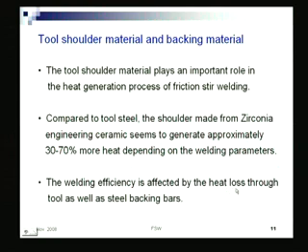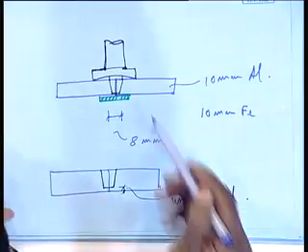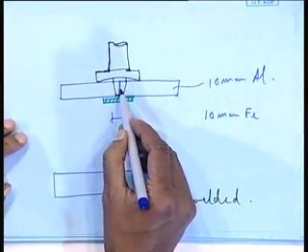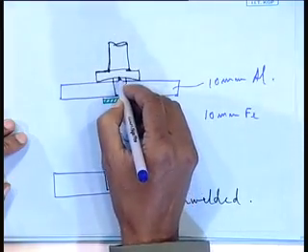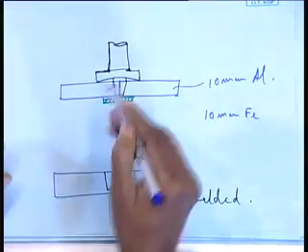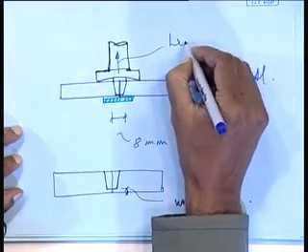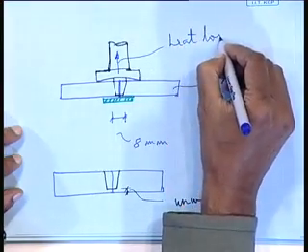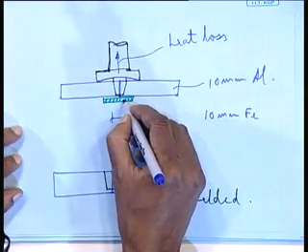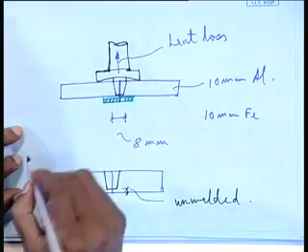Welding efficiency is affected by the heat loss through the tool as well as the backing bar. So, as you can see, the heat is generated here. So, heat loss would be through the tool as well as through the backing bar.